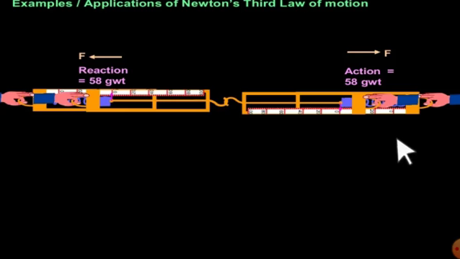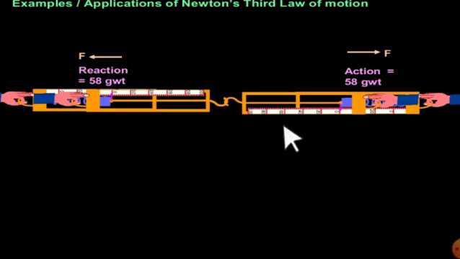If you observe the two spring balances, you will find the reading on the scale is the same value. It will give you the same force on this side and on the other side.